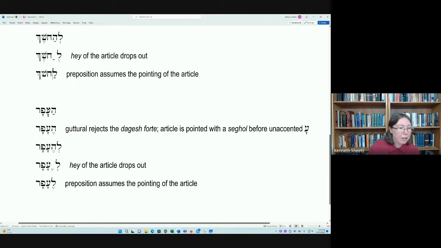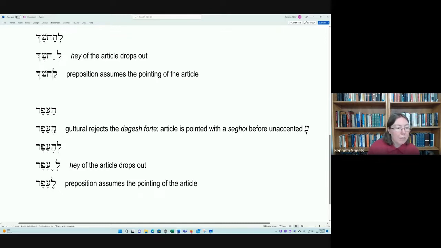But again, the dagesh forte is inside of the ayin, and the ayin is one of our gutturals, aleph, hey, cheth, ayin. Those letters cannot be doubled, thus they cannot take the dagesh forte. And so as a result, the guttural is going to reject the dagesh forte.